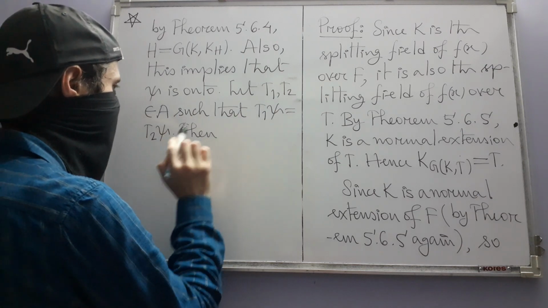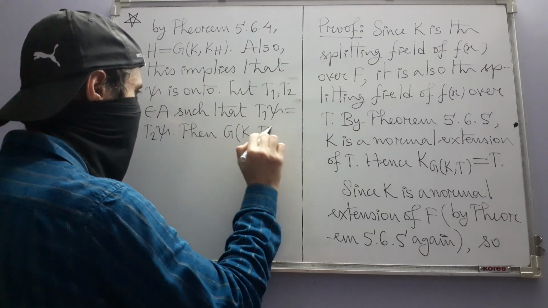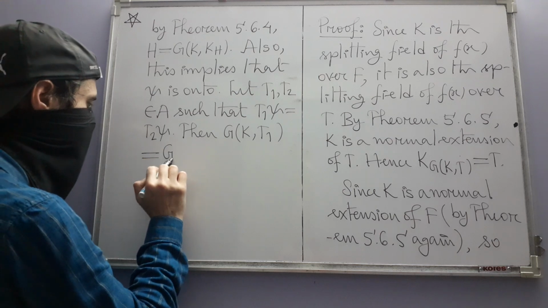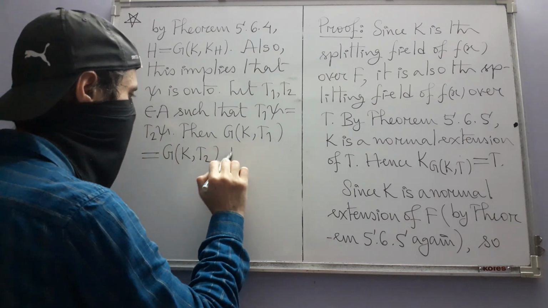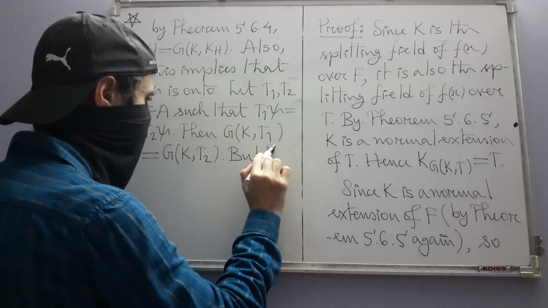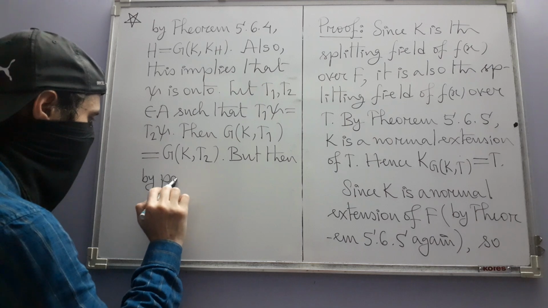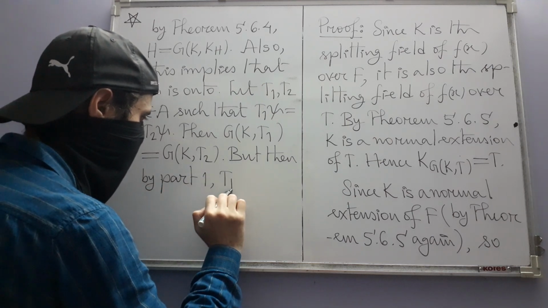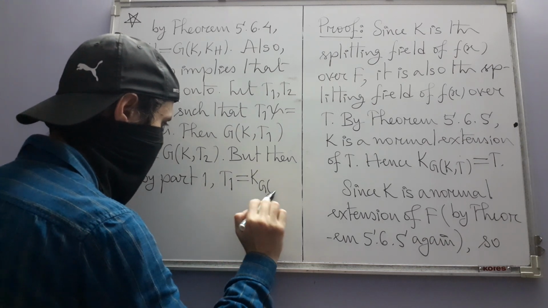Then, by the definition of psi, G(K, T1) is equal to G(K, T2). But then, by part 1, T1 is equal to K_G(K,T1).